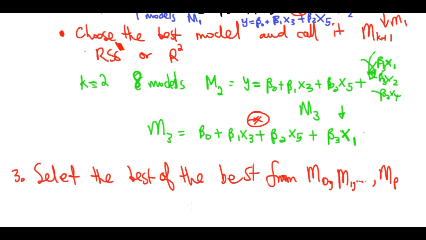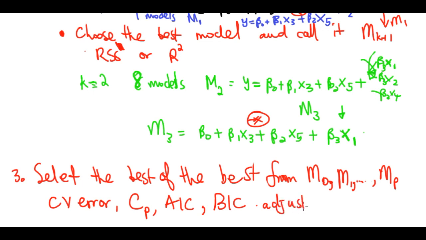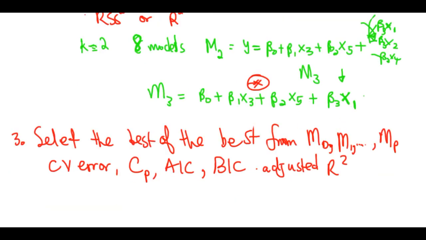And what are we going to use? We're going to use cross-validation error. We can use CP, we can use AIC, we can use BIC, and we can use our adjusted R-squared. We're going to discuss these very soon.